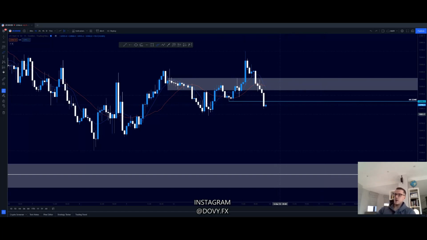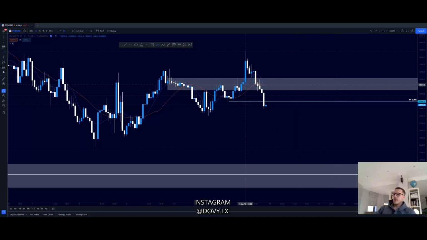The second scenario is what I expect: the price comes to the supply zone, retests it, and then goes down to this daily zone to finally test it, and maybe then bounces to the upside from there. And the third scenario is the price just melts down before any retests. So we have three possible scenarios. One of them is 100% going to happen, right? The price is either going to move up or down.